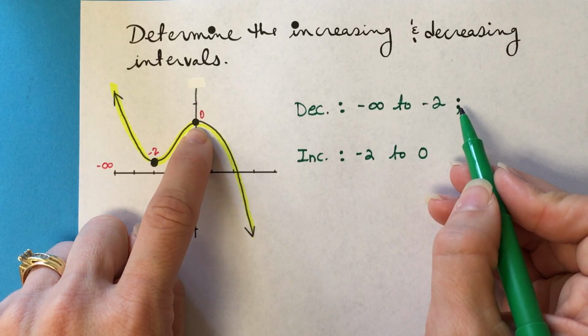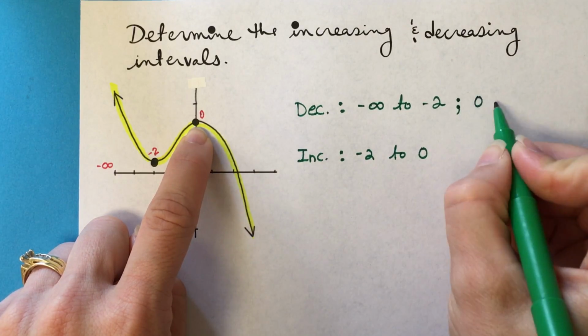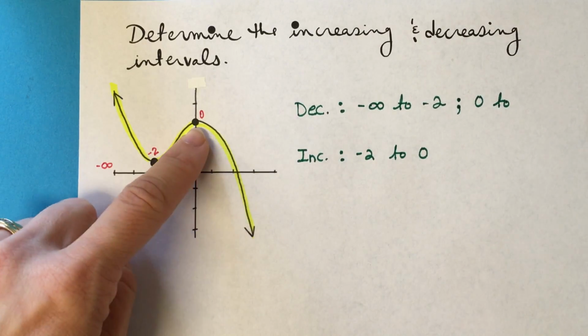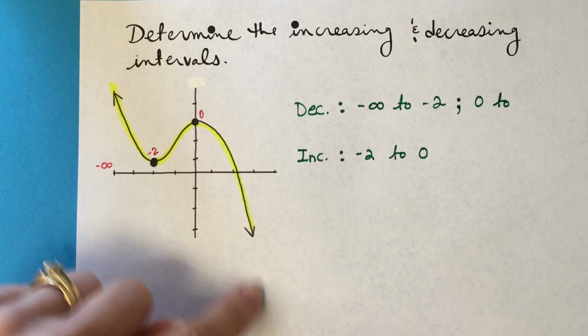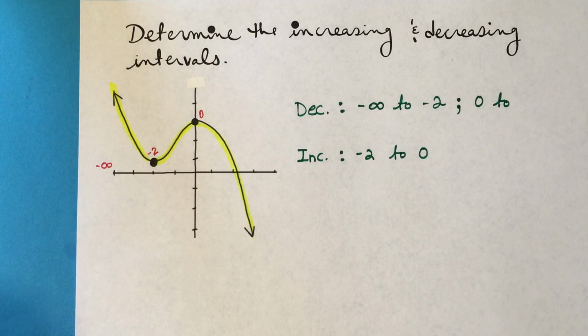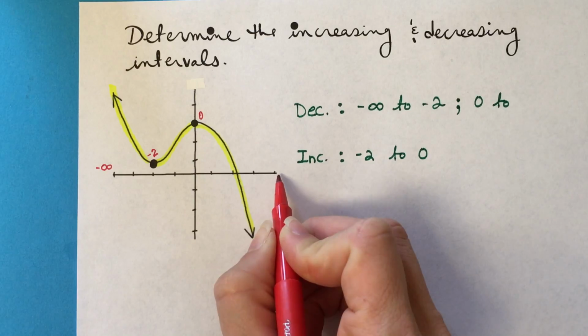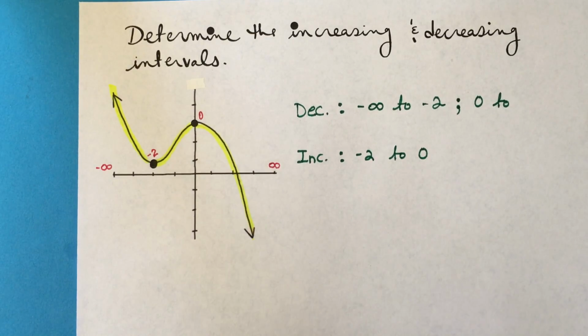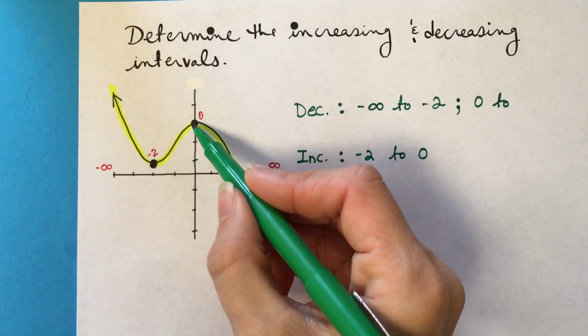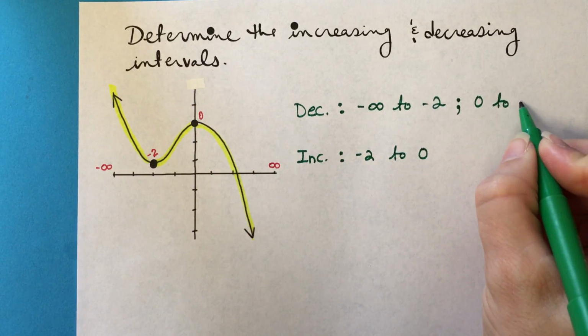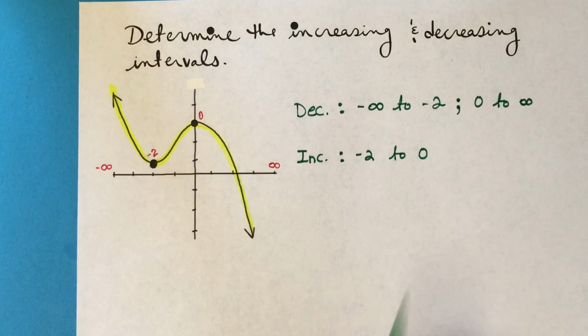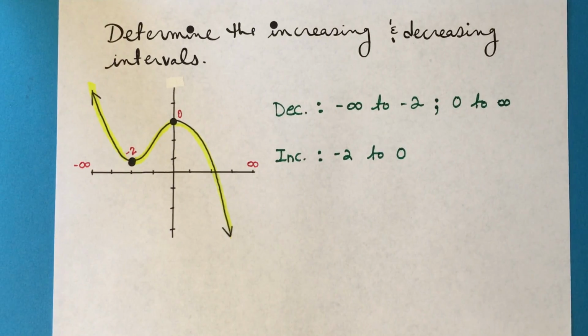It decreased from 0 to... Now, it is going down forever, but remember we're looking at this from left to right. So I'm at the right end of my x-axis, and the right end of the x-axis we refer to as positive infinity. So it's 0 to positive infinity. This would be your intervals of increase and decrease.